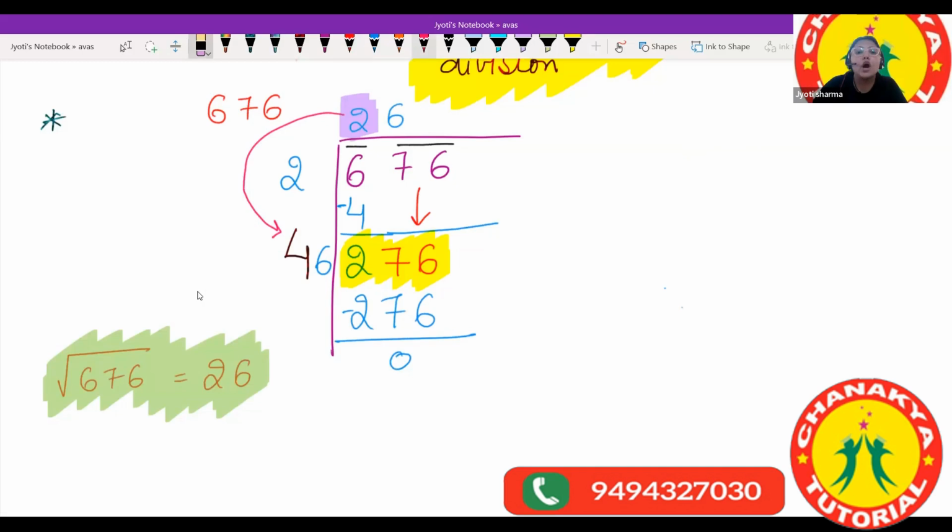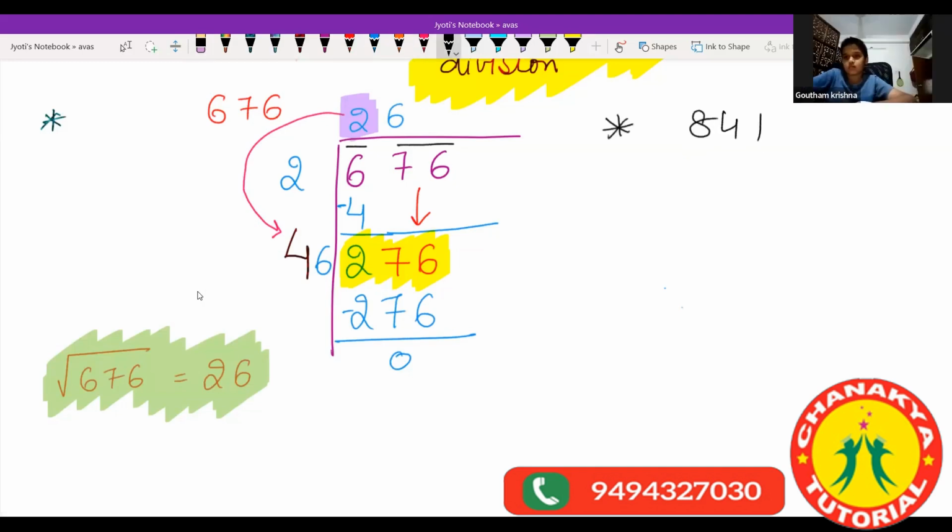So your next question, quickly find the square root of 841 and this time send your answer in the chat box. I'm waiting for your answer, kids. Let's see who understood and who is going to give the correct answer.